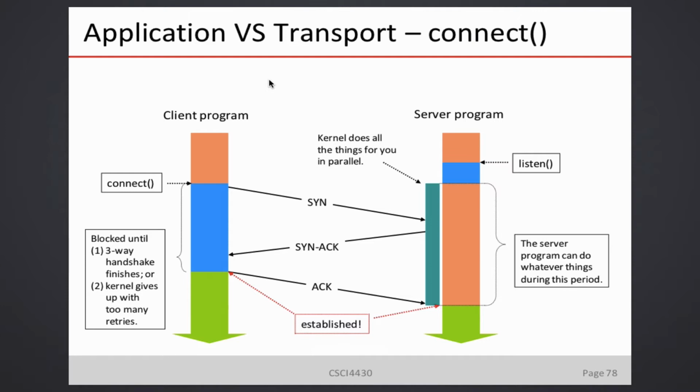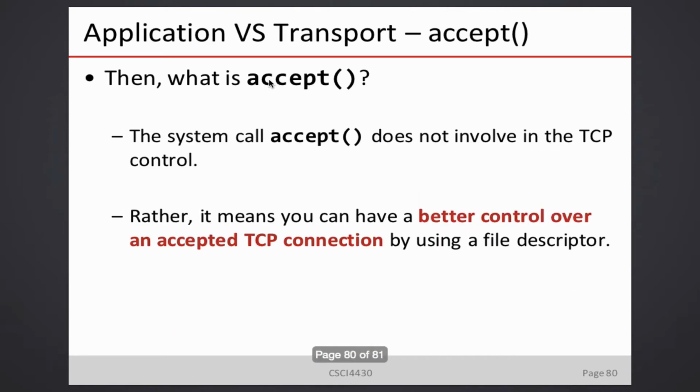I am TCP, I only control whether the verification is done normally, and whether the message is delivered safely and reliably. So accept is to give you better control over the TCP connection, nothing more.